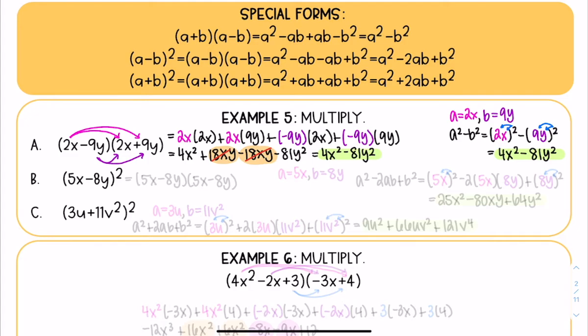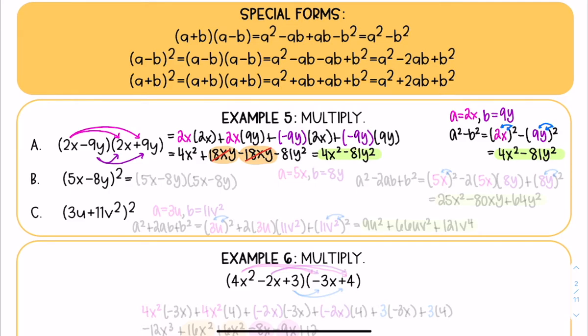Now for these ones, if you wanted to utilize multiplication, you have to make sure that you write it out twice, because that's what squared means. We can't just distribute the squared to both pieces because we have an addition or subtraction inside. In order to distribute the square to both pieces, we need to have multiplication or division.